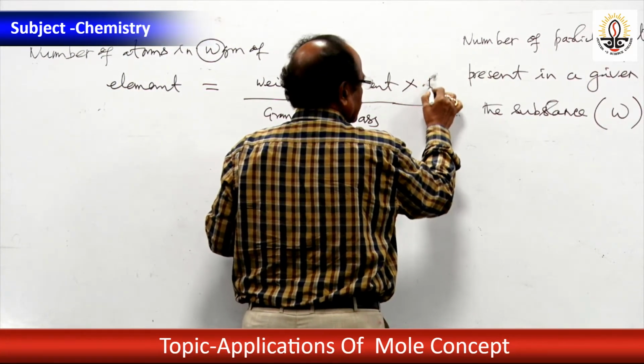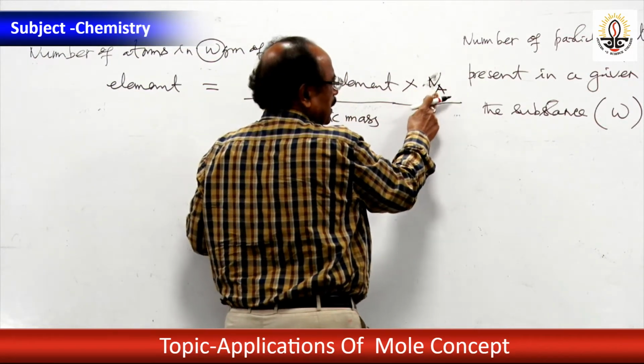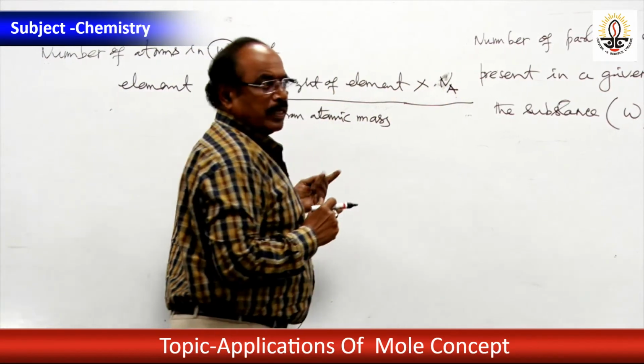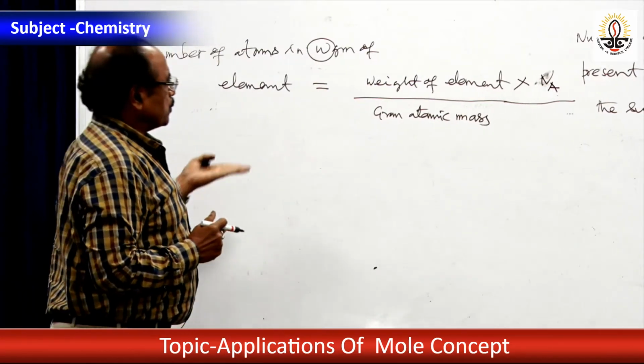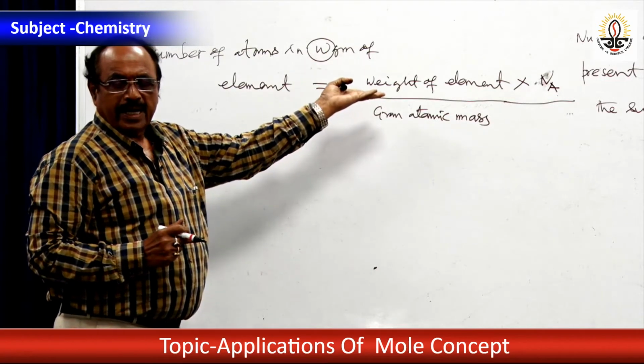Na I am writing, children. Na means N is the universal constant, representing what? The Avogadro number, 6.02.